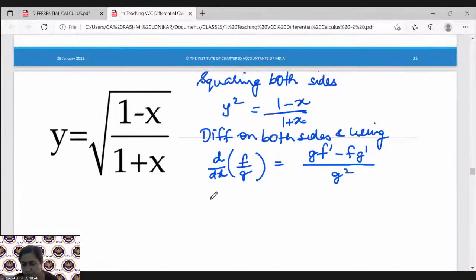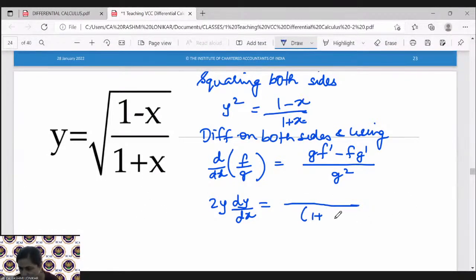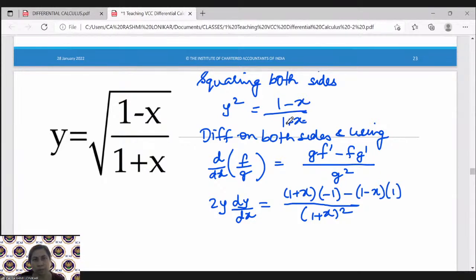Derivative of y square will be 2y dy by dx is equal to second function, that is 1 plus x, into derivative of first function, 1 minus x, which gives me minus 1, and first function 1 minus x into derivative of second function, which gives me 1 because the derivative of 1 plus x is 0 plus 1.